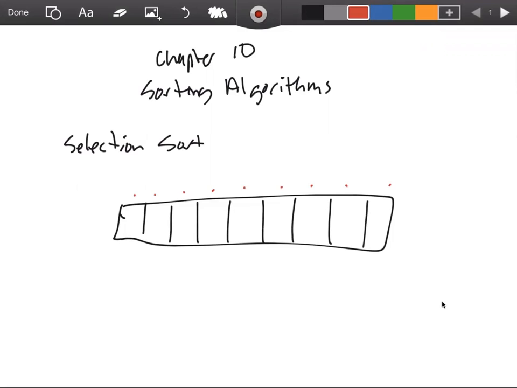Then whichever item is the smallest one. So let's say in our list here we've got a 14, 3, 18, 2, 21, 6, 47, 15, 9. It has to go through all of these to see that the smallest one is this 2.